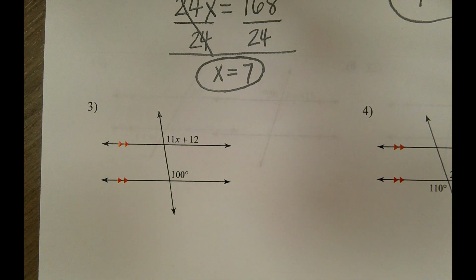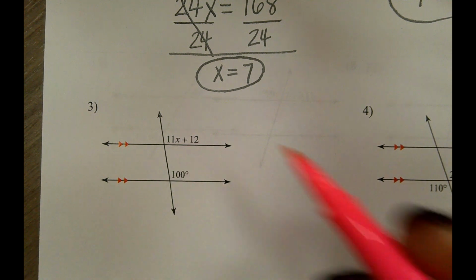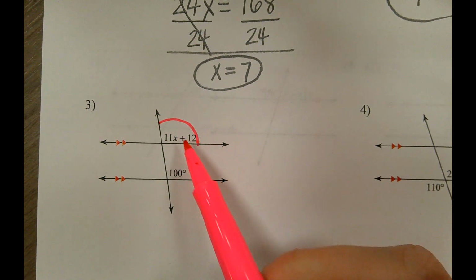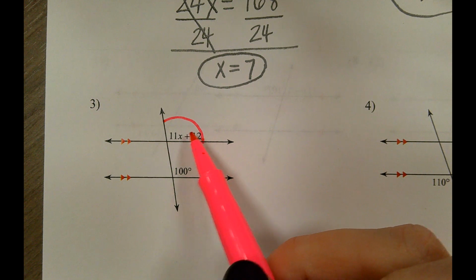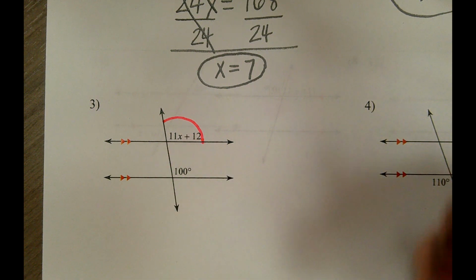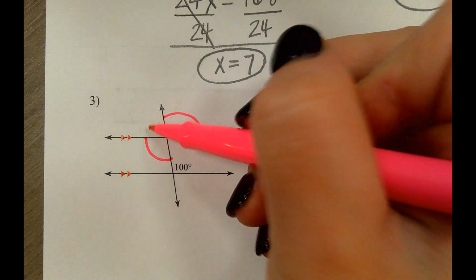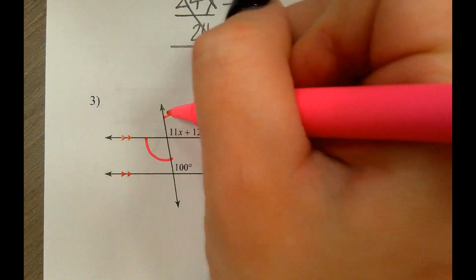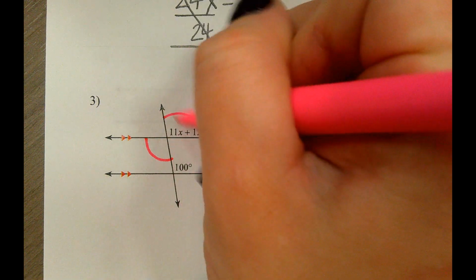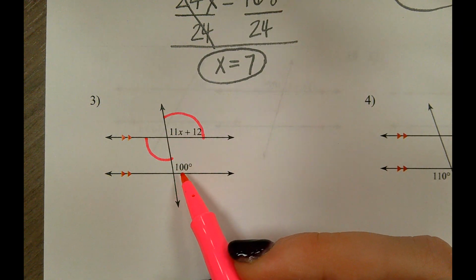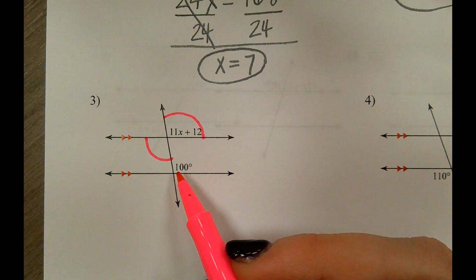Let's see. I'm gonna mark this one in pink. And what else? I know the one right across from it's equal, right? So let's mark that. Okay, so this one is the top right of these 4 angles. Now I'm gonna go to the bottom 4 angles. 100 is also the top right.